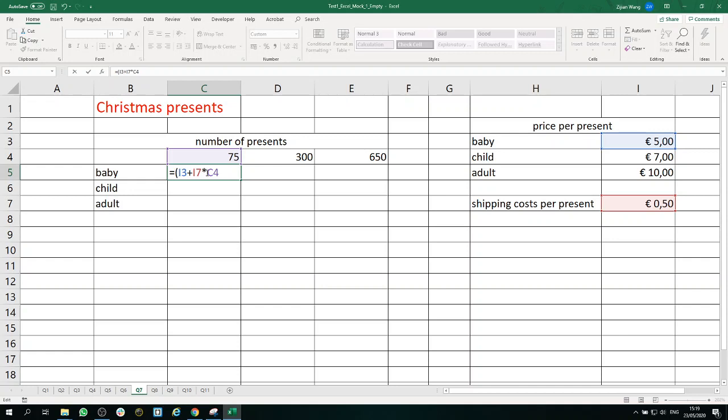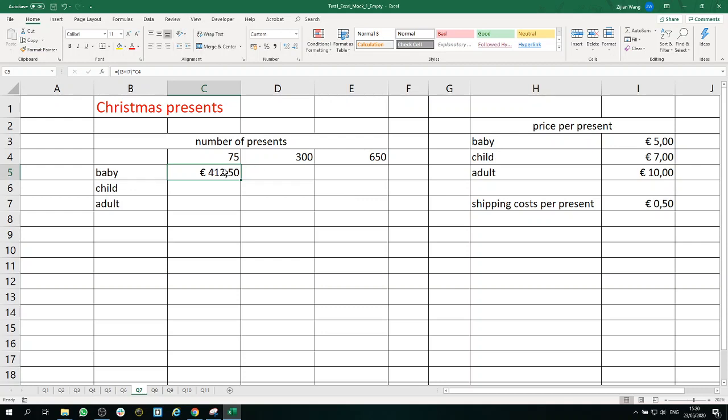So here we have I3 plus I7. That's one gift, including the shipping cost, and times 75 gifts. So we have 412.50. If you compare to the screenshot on your syllabus, it is the same. So that's a good sign.